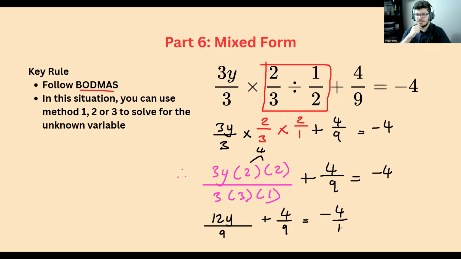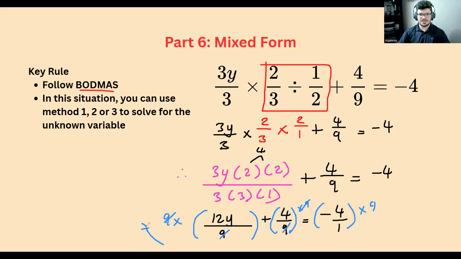Let's use method 3. We will eliminate, we can get rid of 9. And how to get rid of 9? Remember, multiply each of them by 9, 9, 9. Okay. The 9 will cancel this one. This 9 will cancel that. But negative 4 will be multiplied by 9.